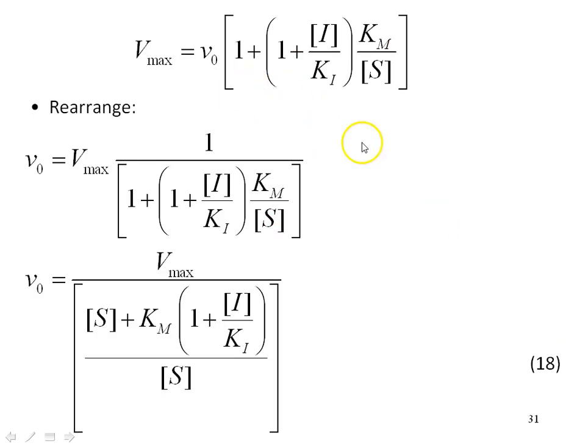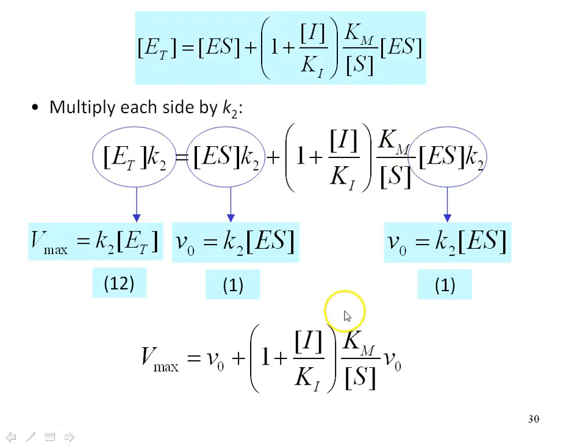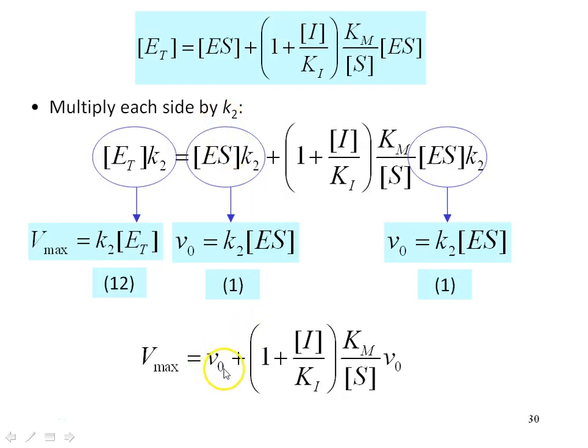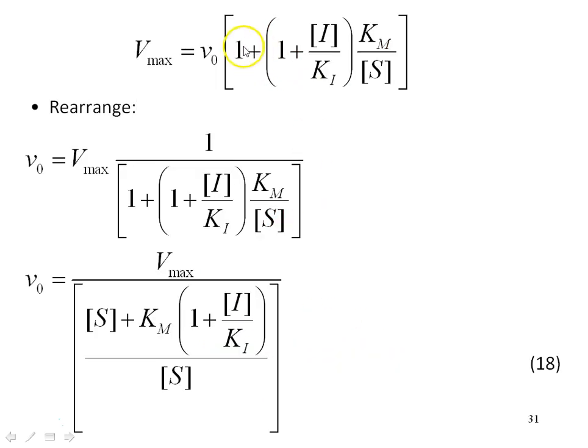Now that result is repeated here, but I will take V0 as a common factor, so I will pull this out. So I will have a 1 plus this times that, which can be rearranged in terms of V0 now. So I get V0 is equal to Vmax over this, in other words, times 1 over that.